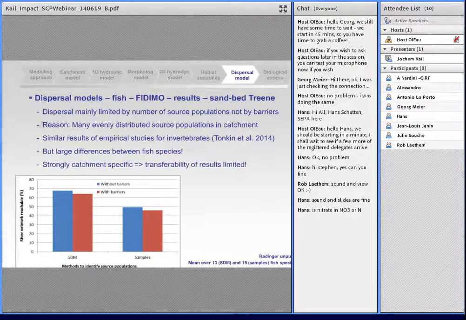So it might be that in the past we focused too much on the barriers, and that it's more appropriate to focus more on source populations. But of course there is a large difference between the species, because some species are migratory species and some are not. And also I have to point out that these results of course are strongly catchment specific. But it's interesting to see that there are these similar results in Tonkin et al.